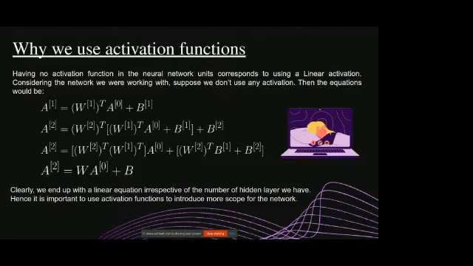Essentially, it's in the form of a straight line, y equals mx plus c. So what we can conclude from this is that no matter how many layers you add, how many times you perform the same linear calculation of z equals Wa plus b, it will always be in the form of a straight line, which doesn't help much for our case.